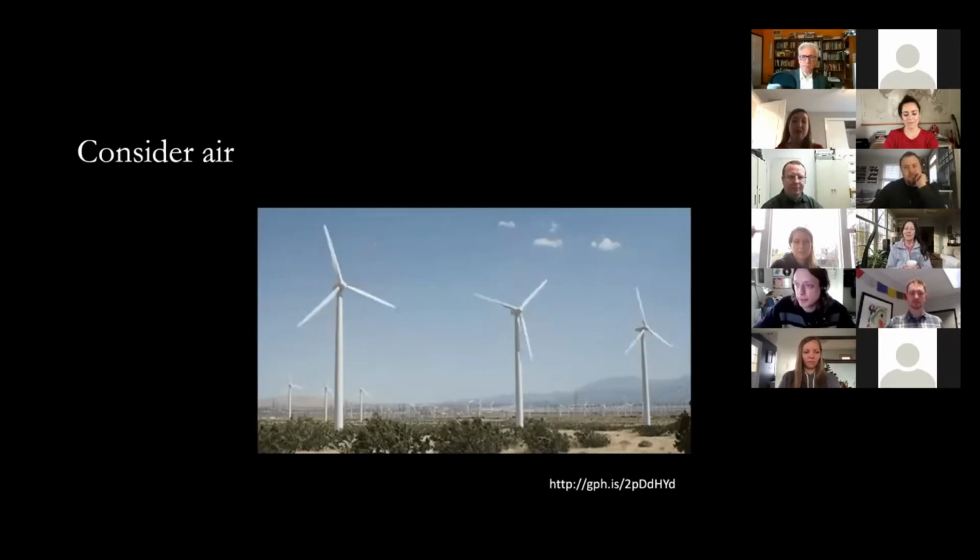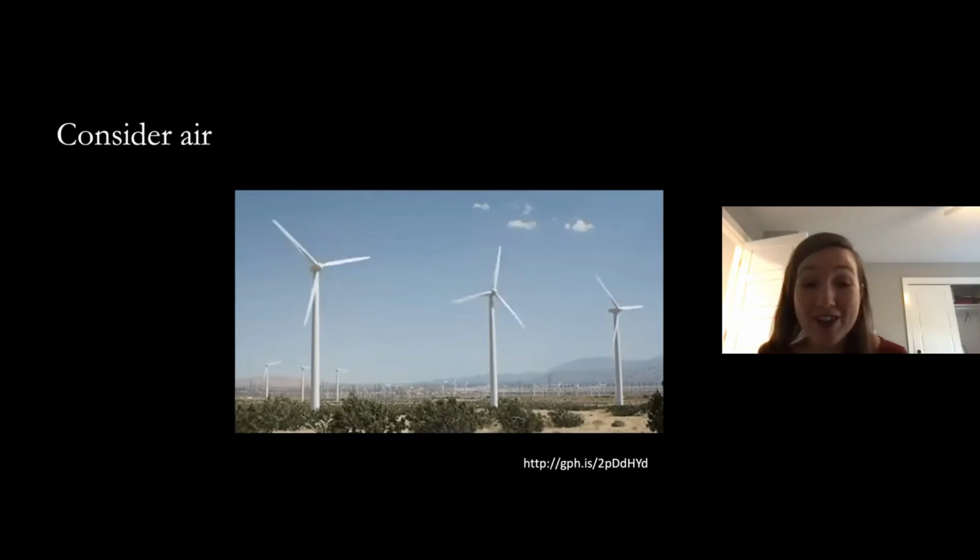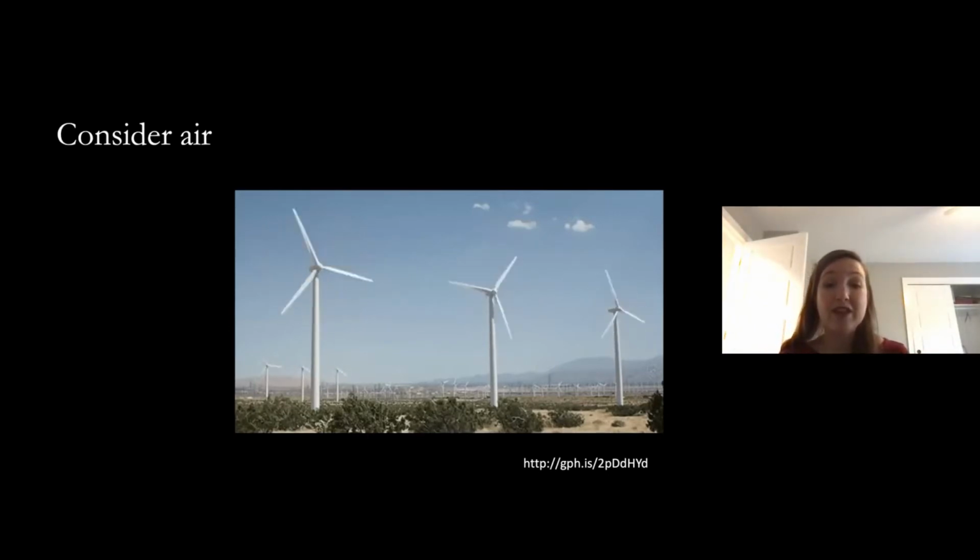The reason I can see you is because the air is transparent. So how do I know that air is there, that it's a real thing? My example of how we can figure out that air is even there at all is by considering the effect that air has on objects that we can see.